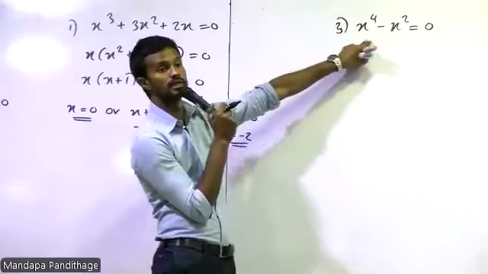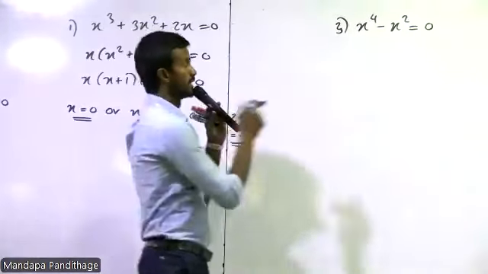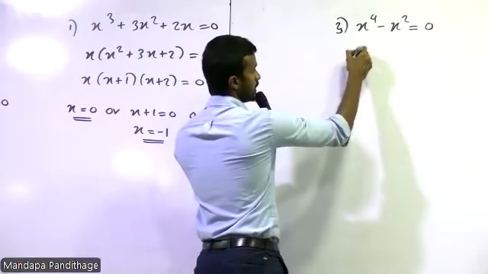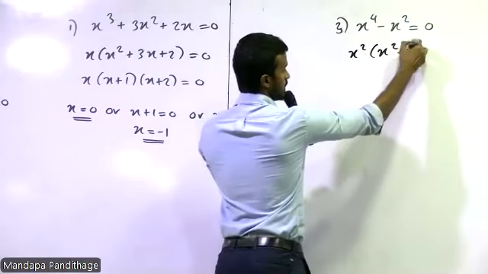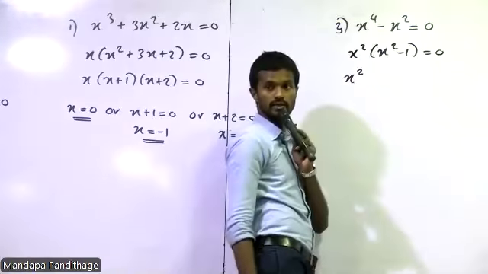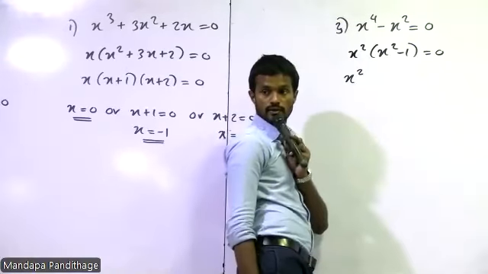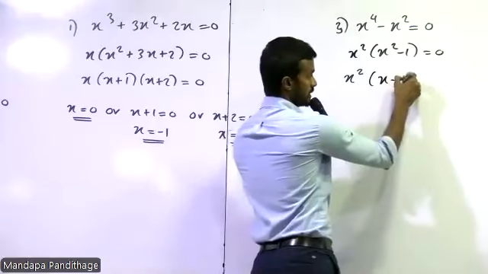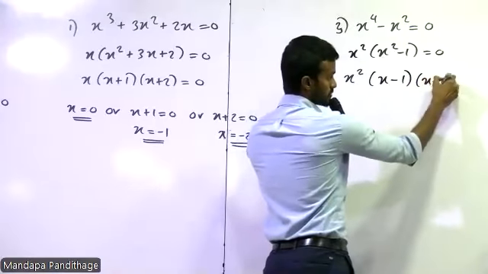This one, what is the common term here? X squared. Take x squared out. When you pull out x squared, you get x squared minus 1. Now tell me, what is x squared minus 1? Quite familiar. Difference of two squares. So we get x minus 1 and x plus 1.